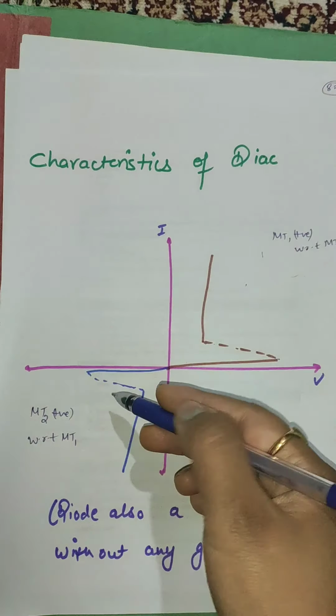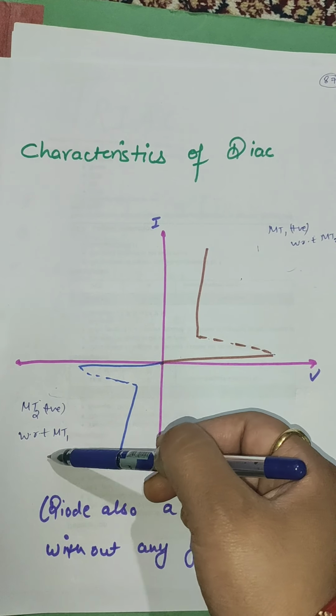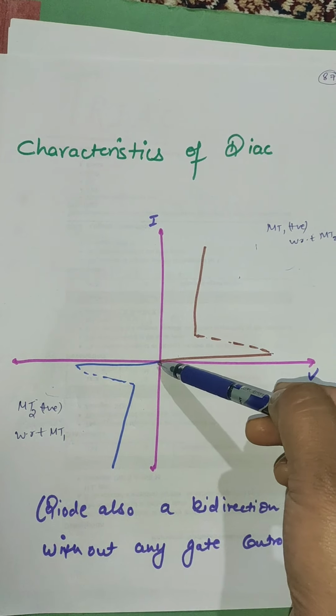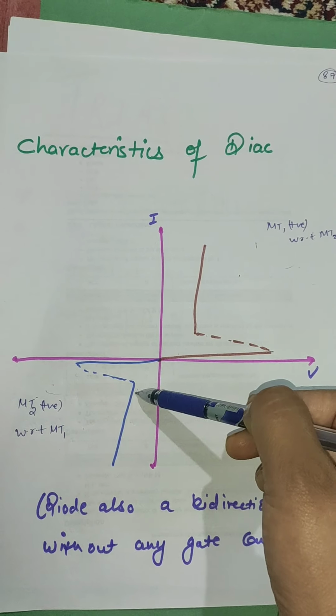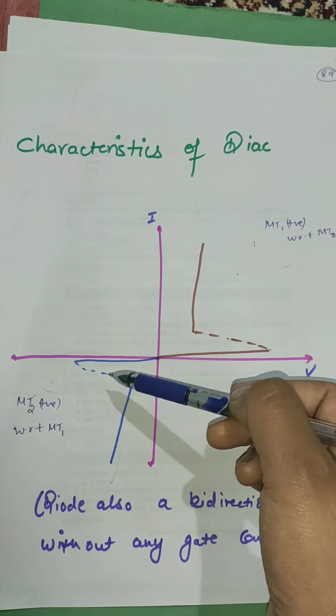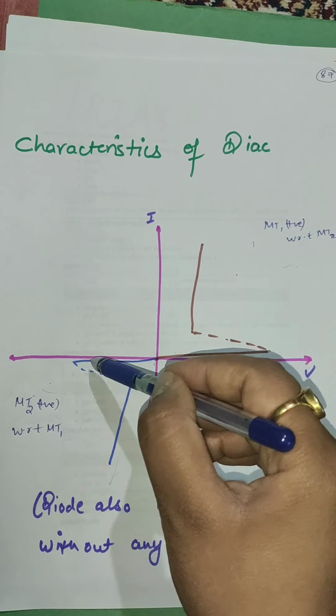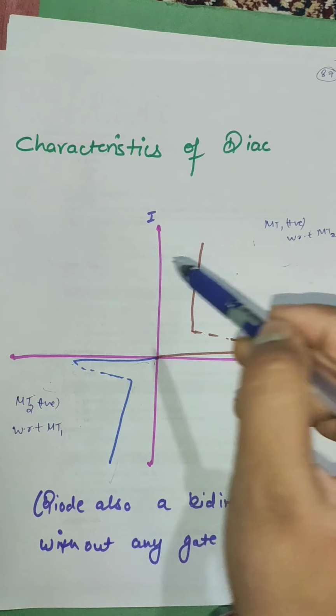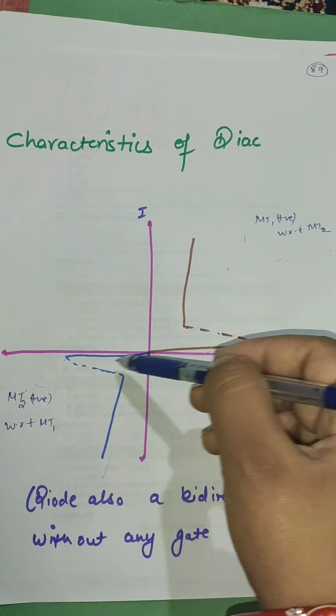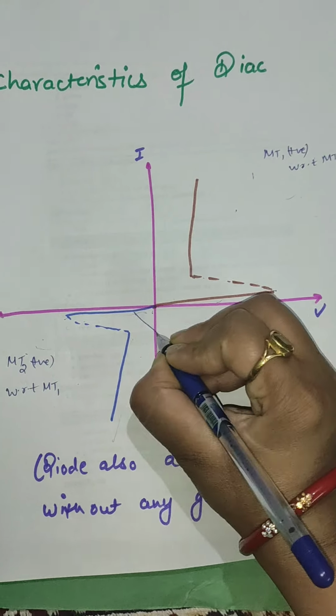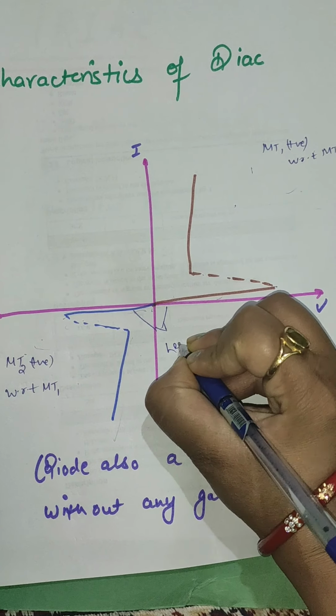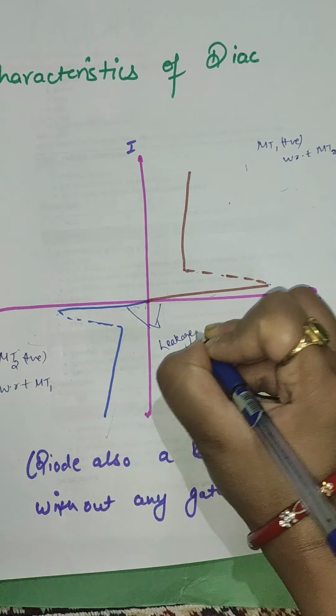And here, when MT2 is positive with respect to MT1, after breakdown the current will suddenly increase. Before breakdown, a small current will be there. This is called leakage current.